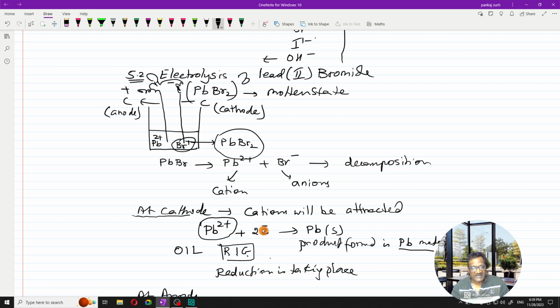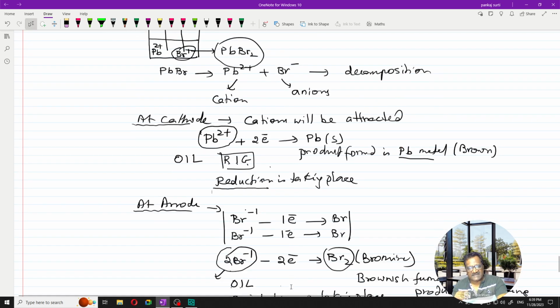When it is accepting electrons, what is happening is reduction. Gain of electrons is reduction. So reduction is taking place at the cathode, and as a result lead is accumulated on the cathode. The product formed at the cathode is lead metal, and the observation is a brown layer of metal seen on the cathode.